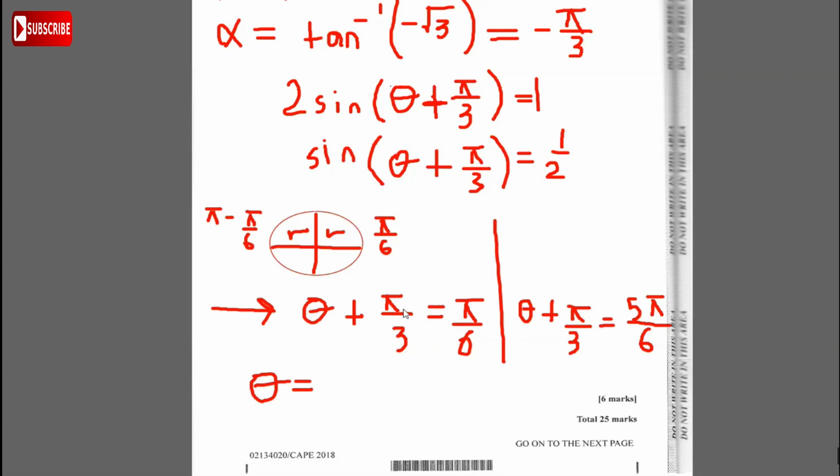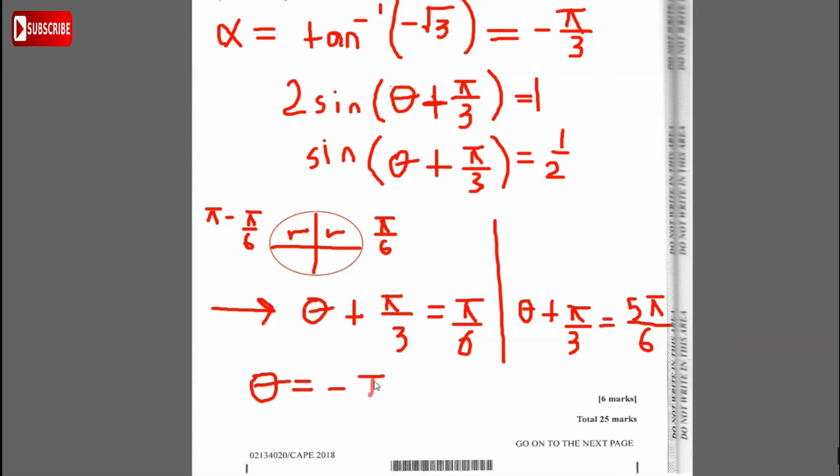All right, let me work that out in my calculator. Pi by 6 minus pi by 3, and I get minus pi by 6.